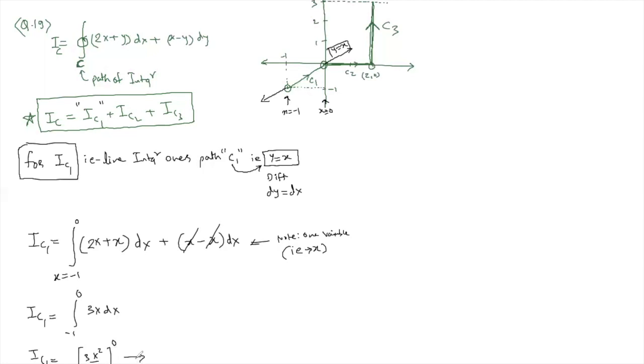That will be 0 minus 3 times -1 squared over 2. That is 3 over 2. That's how it is done.